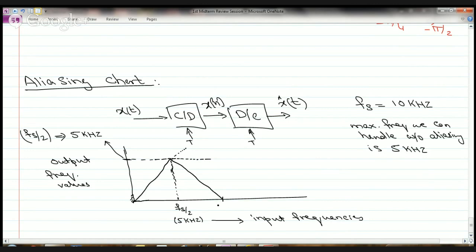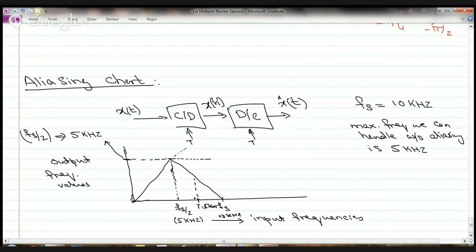So much so that at your sampling frequency, and again, the relationship is just linear. So this is 10 kilohertz. If, for example, your input frequency is 7.5 kilohertz, then your output frequency is exactly 1/2 of this region.